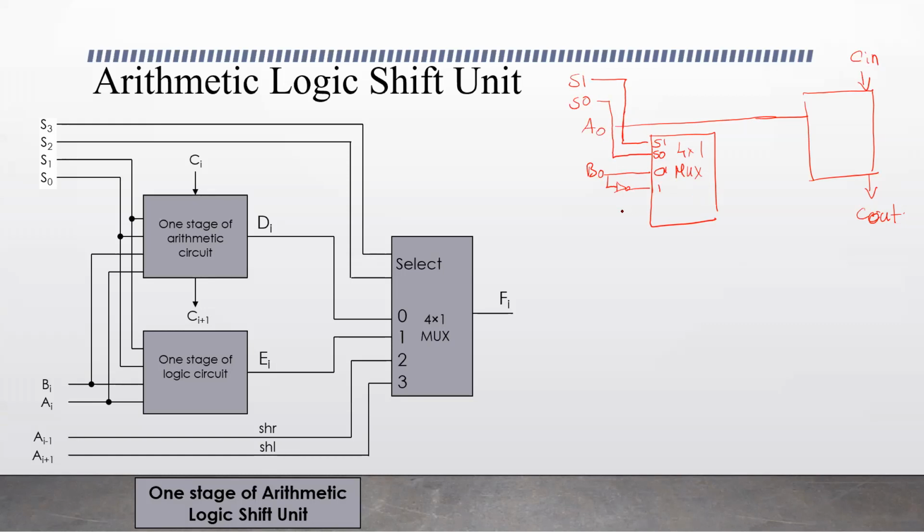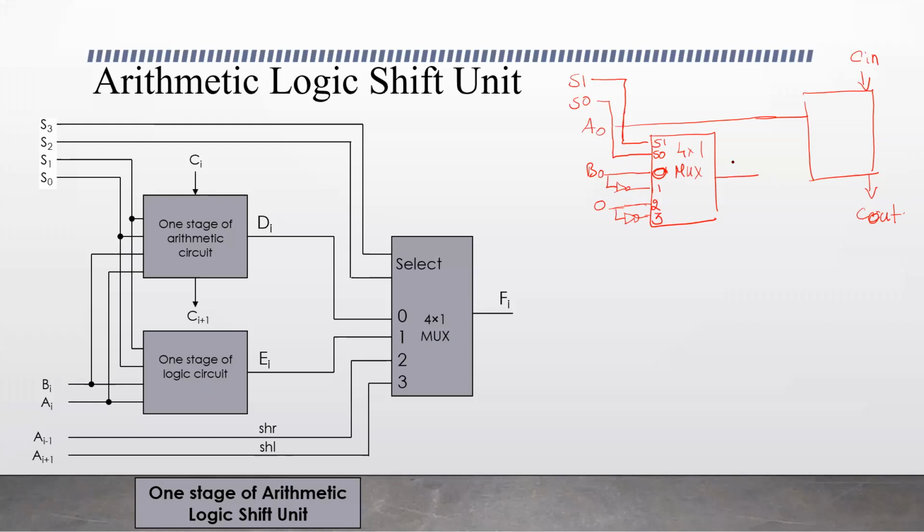The other two inputs we have seen are logic 0 and logic 1, the complement of logic 0. This is input 2 and input 3. Inputs 0, 1, 2, and 3 of the multiplexer.